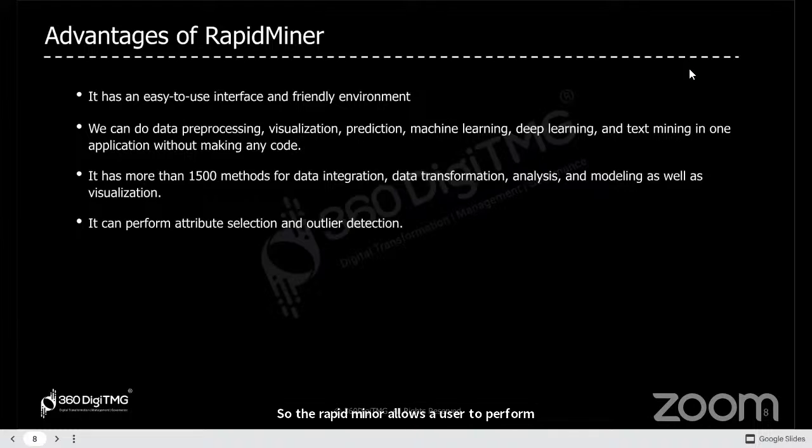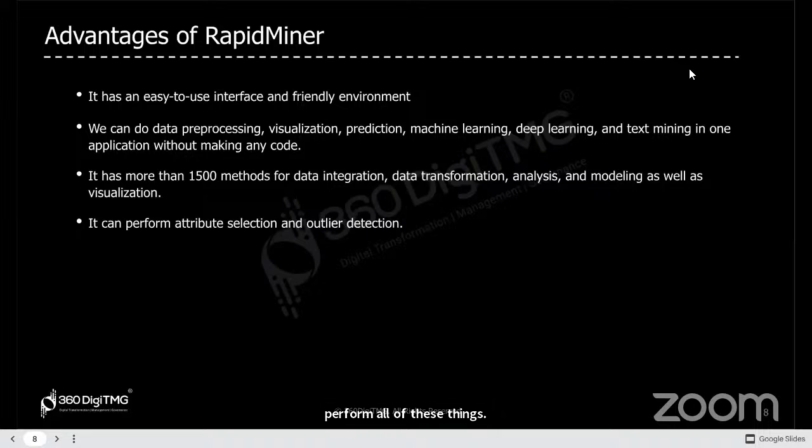What are those? Data pre-processing, we can do. Visualizations also we can do. And we can predict the data. We can perform machine learning. We can perform deep learning and also text mining. Everything we can do in a single tool. And what is the main thing here? We don't have to write any code to perform all of these things. That is the main advantage.